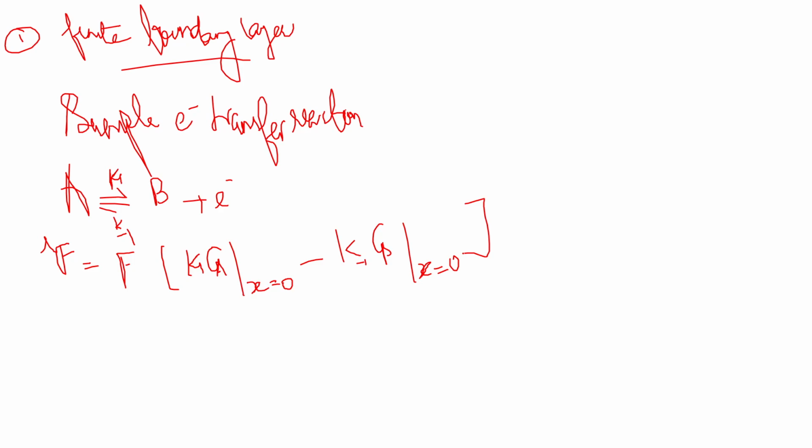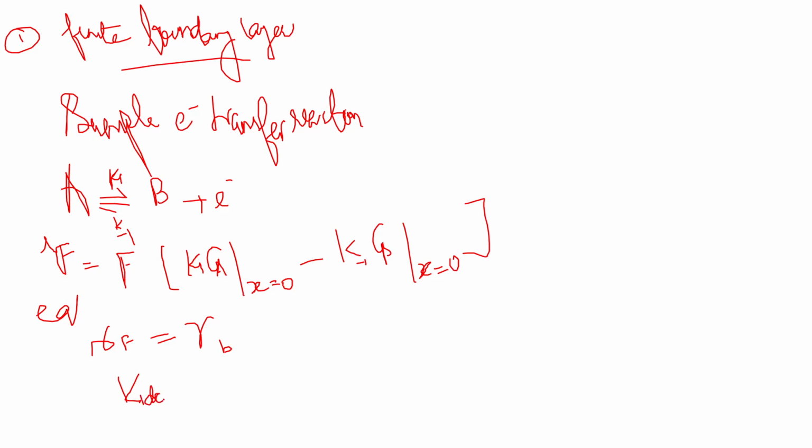Now what happens at equilibrium? At equilibrium the forward rate of reaction equals the backward reaction, so there is no net reaction.